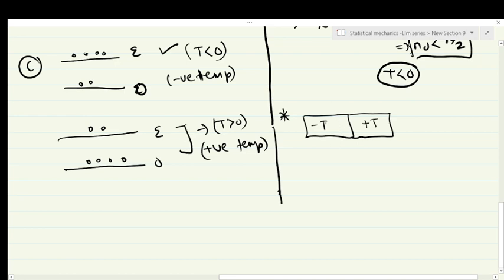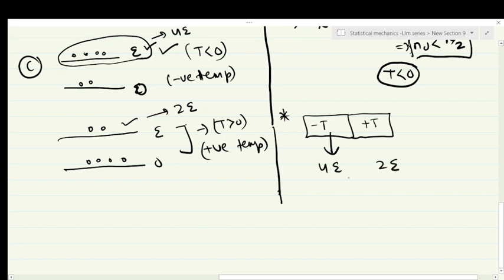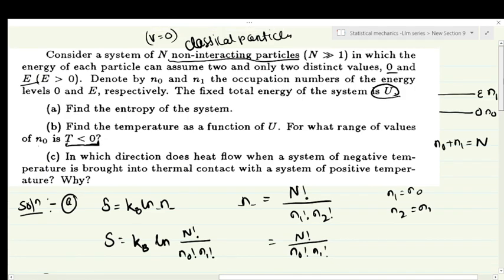Negative temperature means the energy is more, because this has 4E and this has 2E total energy. Energy always flows from higher to lower, so heat will flow from the negative temperature system to the positive temperature system.